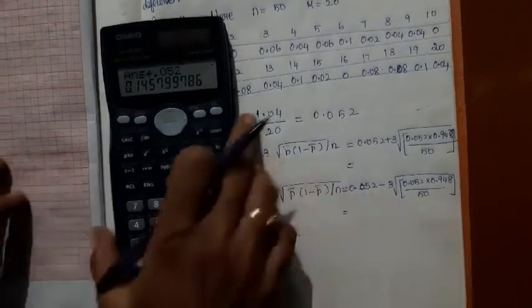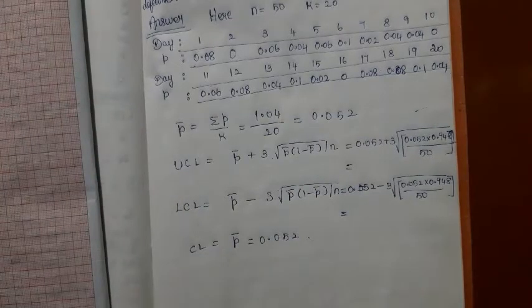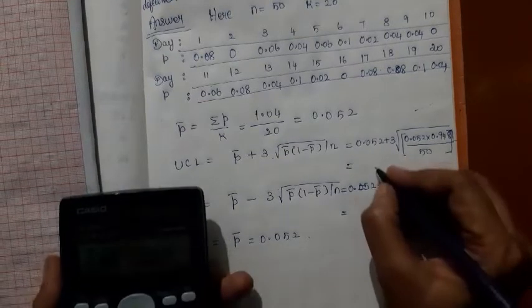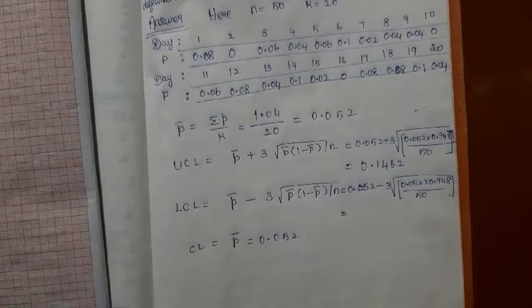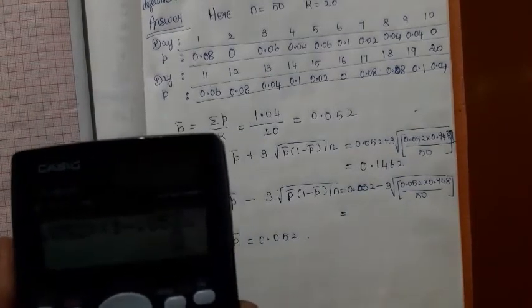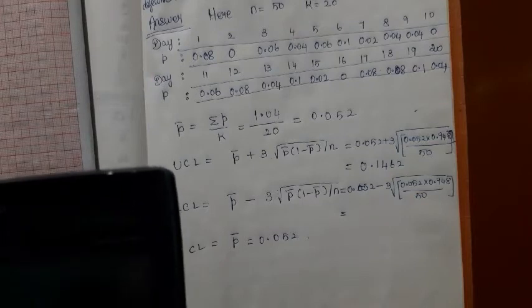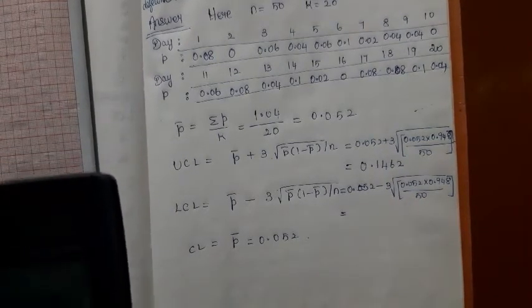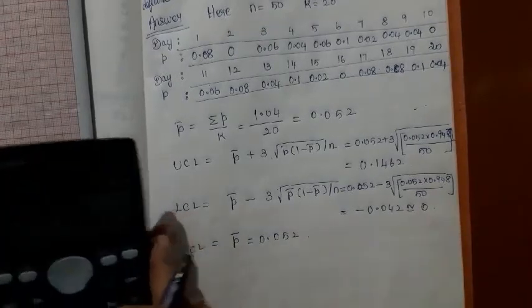So you get 0.1462, and here, 0.052 minus 0.1 gives a negative value, which is approximately 0. Negative values are rounded to 0.